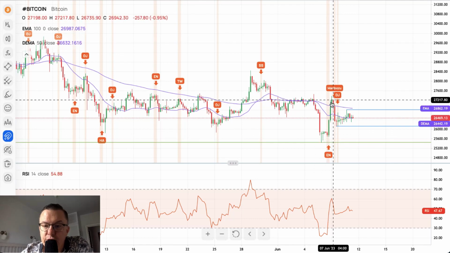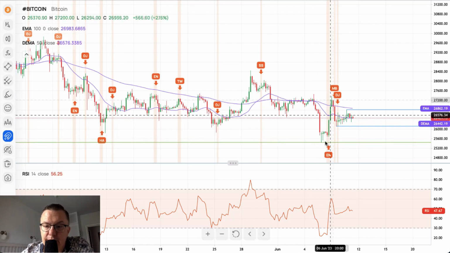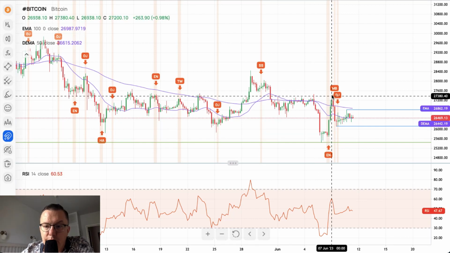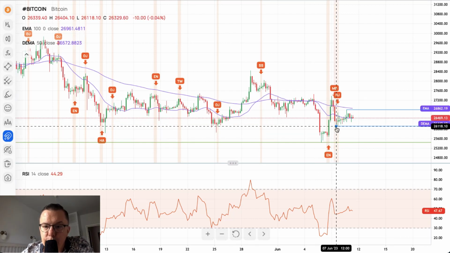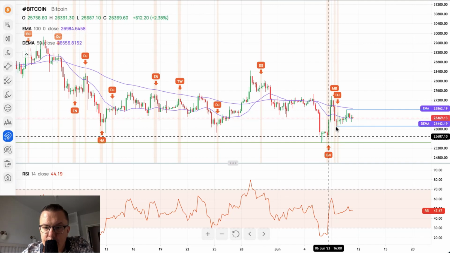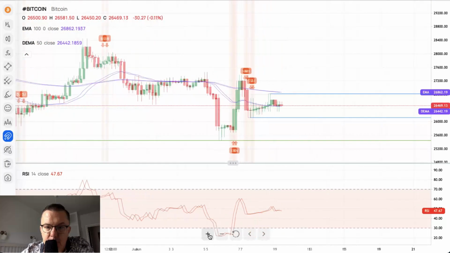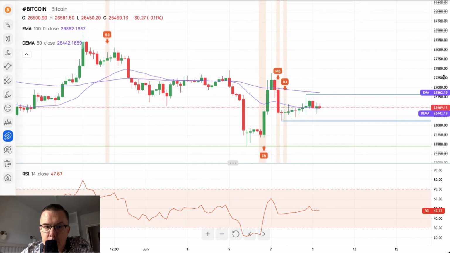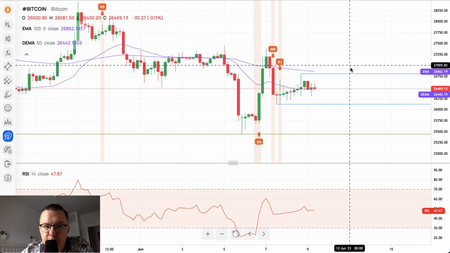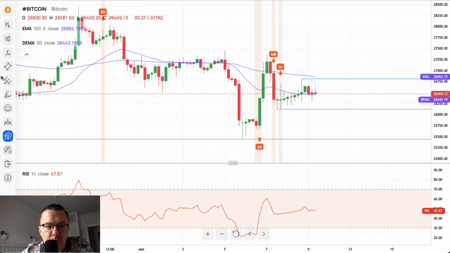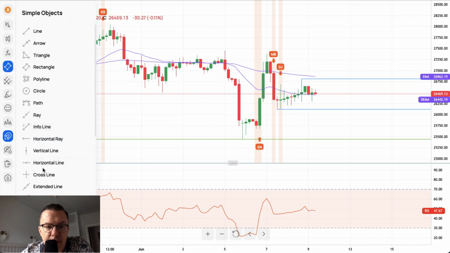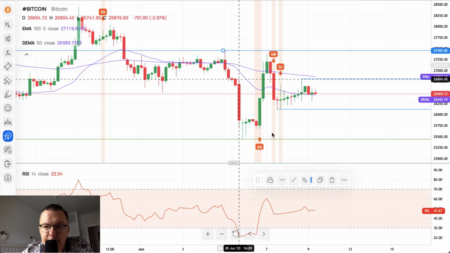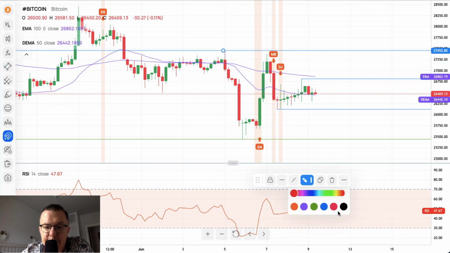A very nice V-shaped reversal from that level happened, okay, but we already retraced more than 61% of this bounce, and right now we are waiting for the market to follow the bullish momentum and move higher towards the level of 27,452. So this is the next technical resistance.